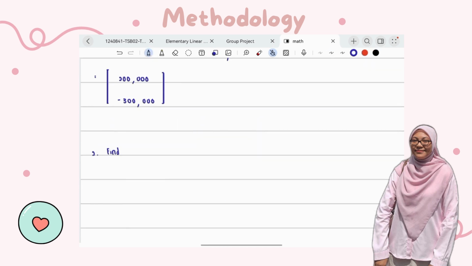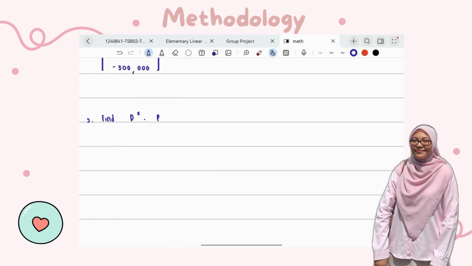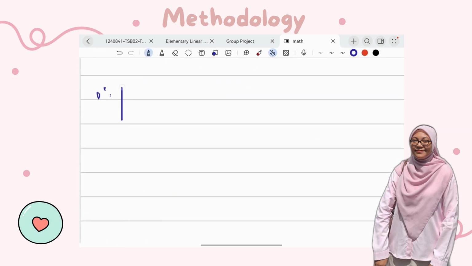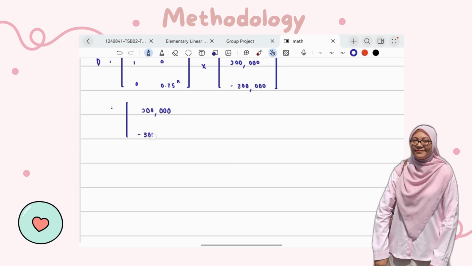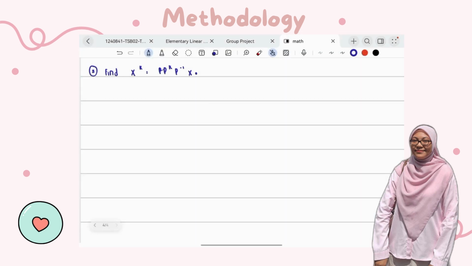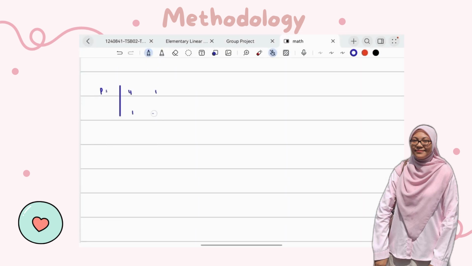Then we apply the diagonal matrix, which is D to the power of k, to this transformed vector. The final answer is 200,000 and negative 300,000 times 0.75 to the power of k. Finally, we multiply the result with matrix P to return the vector back to the original basis.